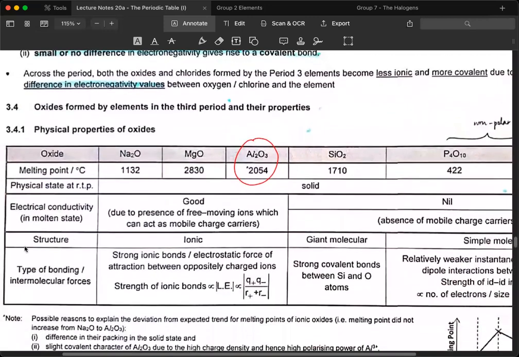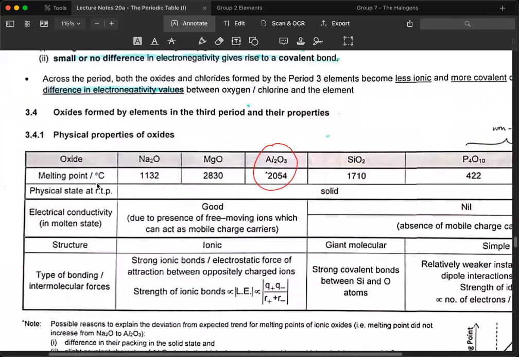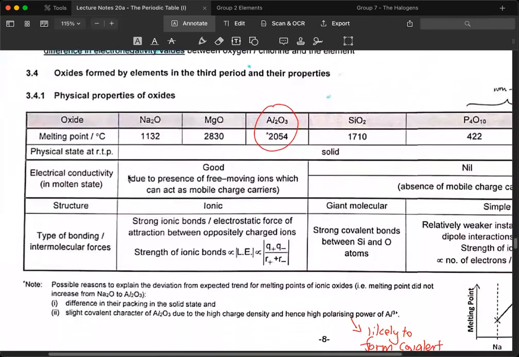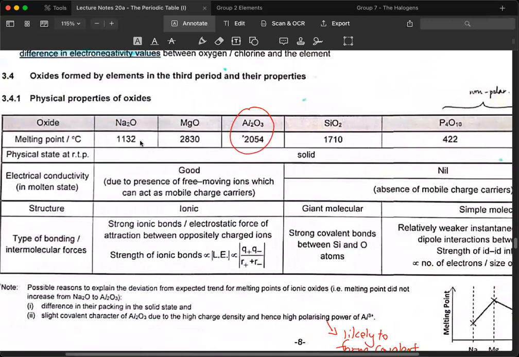If you look at the trend, let's examine the trend of the oxides first. For sodium oxide, magnesium oxide and aluminium oxide, they are good electrical conductors in the molten state. They are still considered ionic, but I'm going to explain why aluminium oxide is actually lower in melting point. Since they are ionic compounds, we acknowledge the strong ionic bonds between oppositely charged ions.